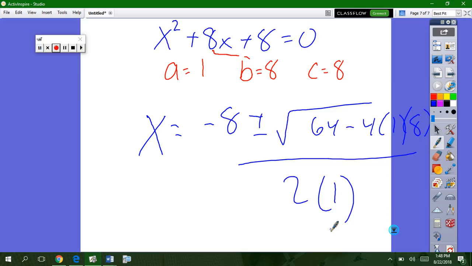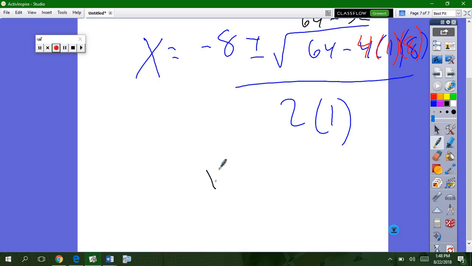Okay, so this is 64 minus 32 in there, right? 32. So in the end, it will be 32. So I have x equals negative 8 plus or minus square root of 32 all over 2.